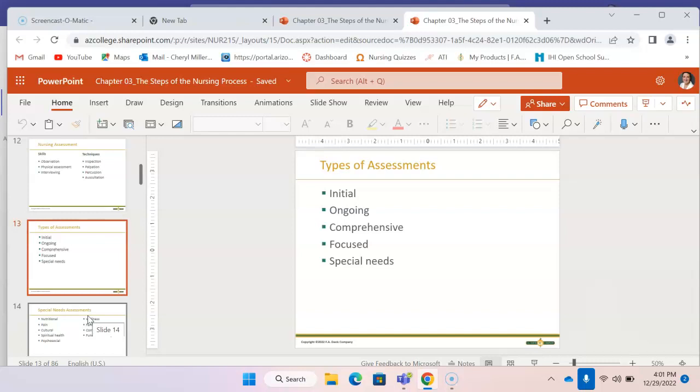So we do a focused assessment when there is a focused problem. In the ER, you will not see somebody do a full head-to-toe assessment most of the time. That's for the nurse practitioner. We do an assessment on things that are most necessary. Yes, we're going to do a head-to-toe assessment, but it's going to be a very not in-depth one. So when I do a head-to-toe, I'm not looking at their hair. Is their hair dry? Do they have any bumps, lumps? Do I look in their ears? No, I don't do that. I do eyes, ears, nose, and throat.